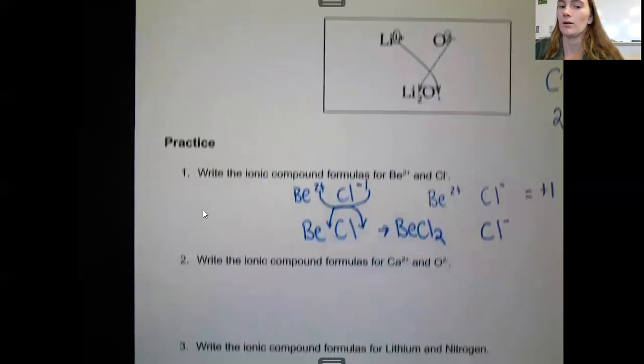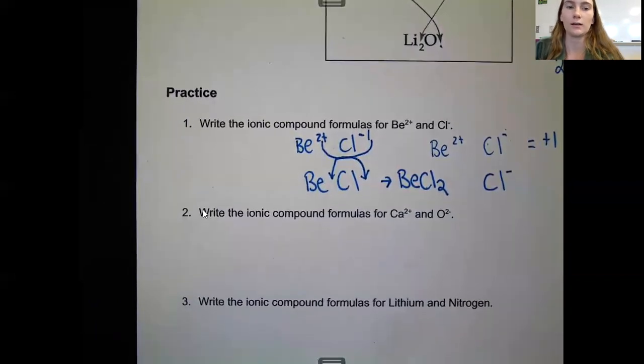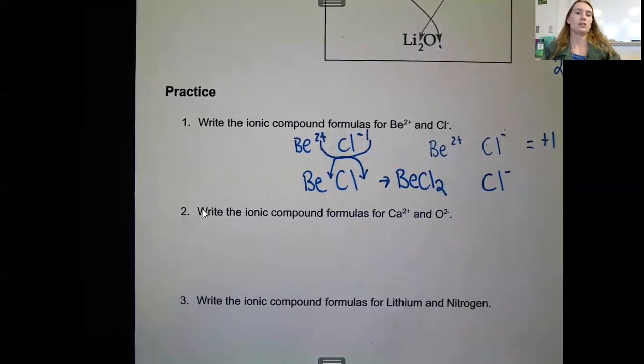Okay, so try the second one. The second one is asking you to write the ionic compound formula for calcium, which has a 2 plus charge, and oxygen, which has a 2 minus charge. Just try that one really quickly on your own, and we'll talk about it after.